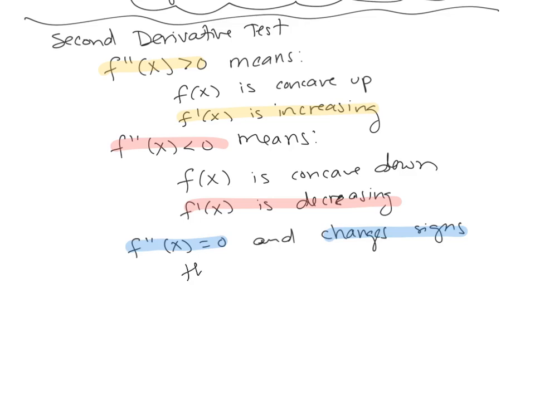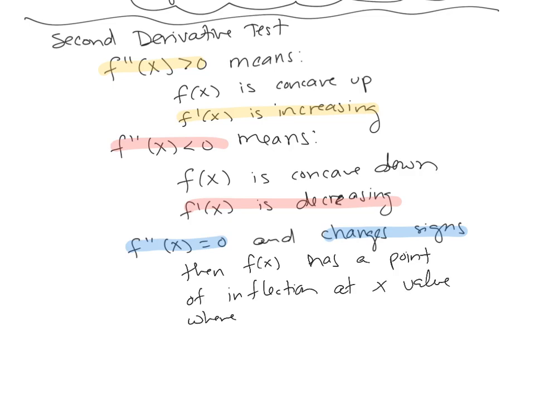Then f of x has a point of inflection at the x value where that second derivative is equal to 0.